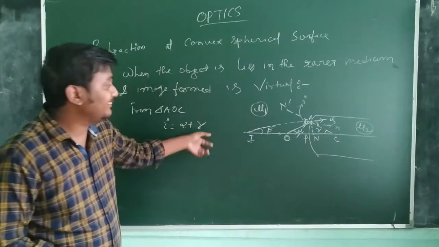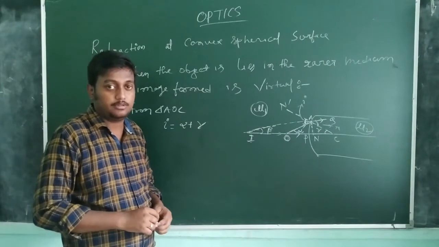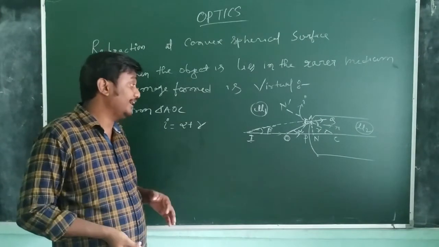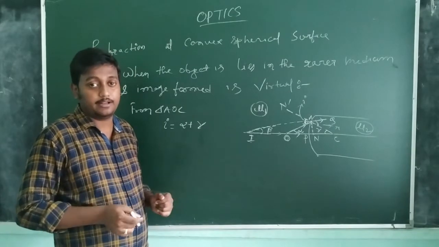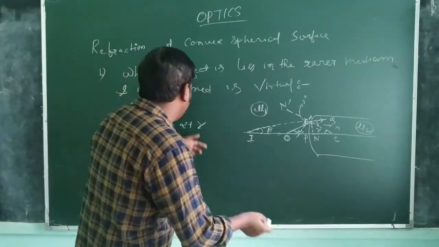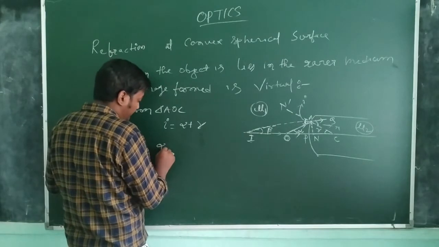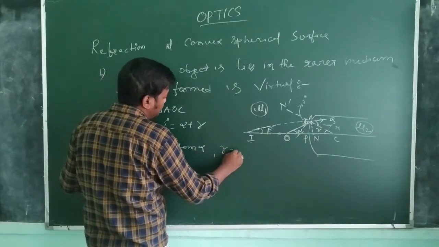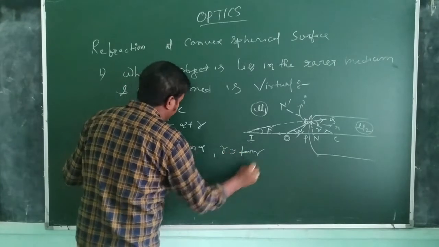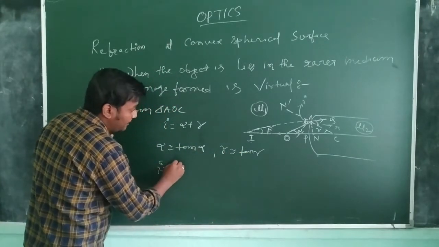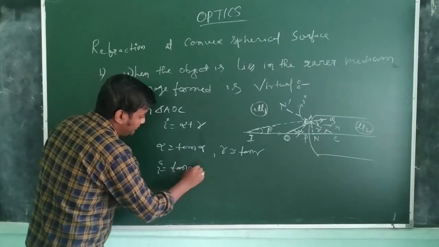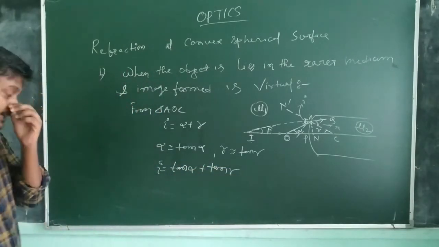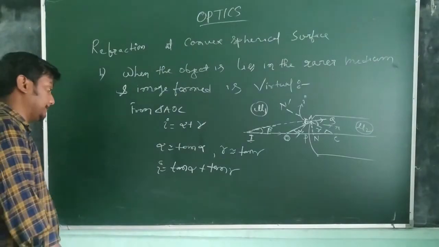Alpha and gamma are very small angles, so we can write alpha is almost equal to tan alpha and gamma is almost equal to tan gamma. So i equals tan alpha plus tan gamma.